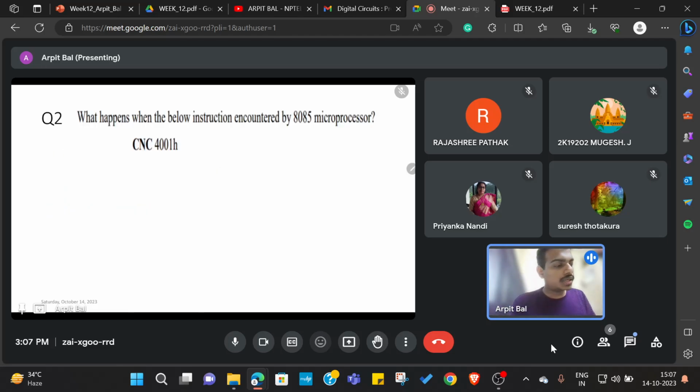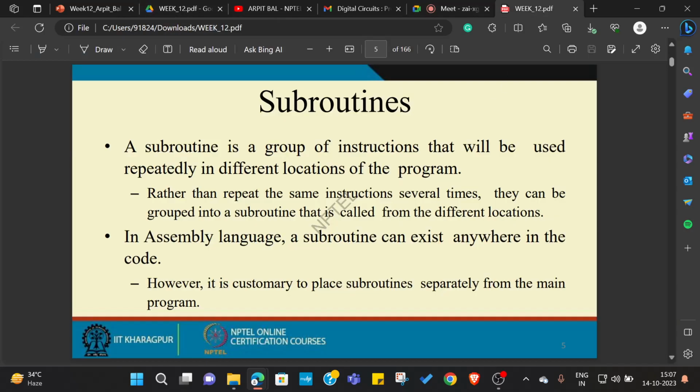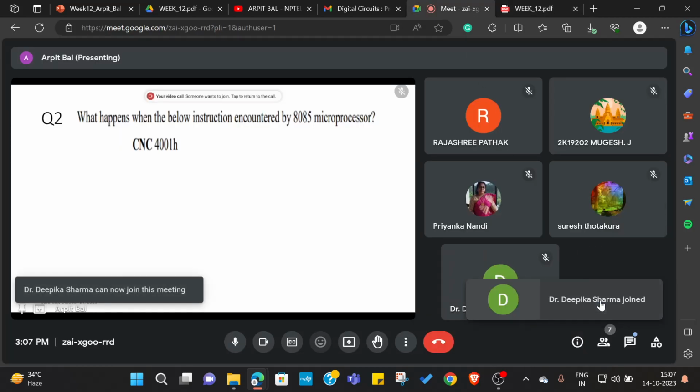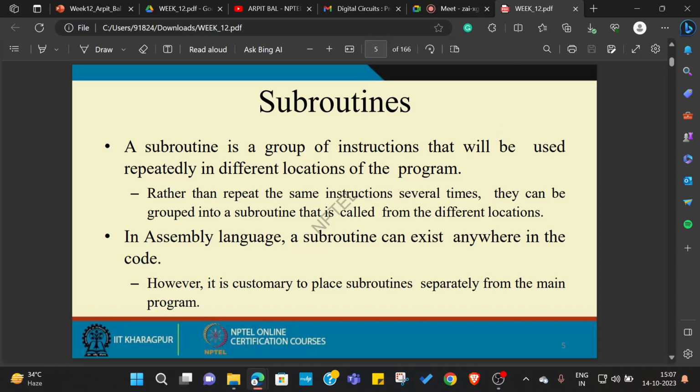Okay, so the next question is related to what happens when this instruction is encountered by the 8085 microprocessor. Before jumping to this question, I would like to give a brief recap of the subroutines part that was covered in the lecture. So what is a subroutine? It is a group of instructions that is used repeatedly in different locations of the program.